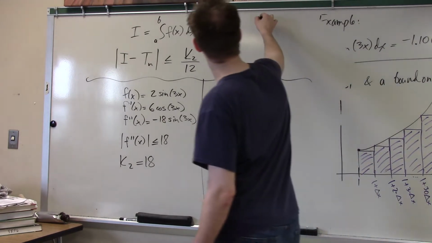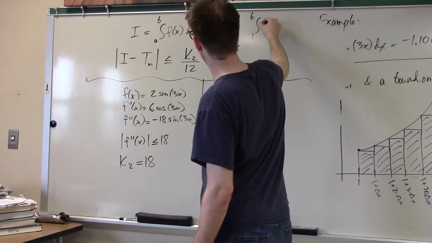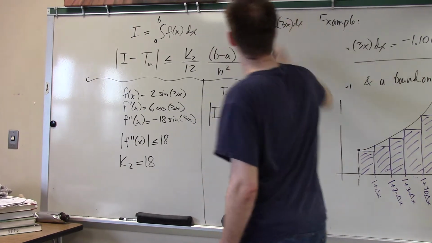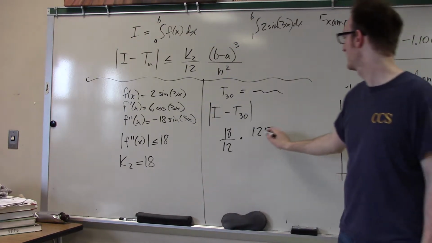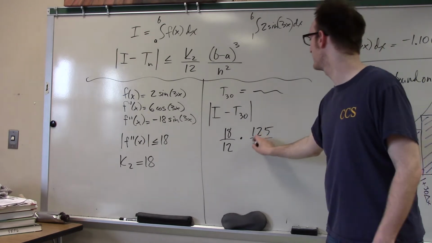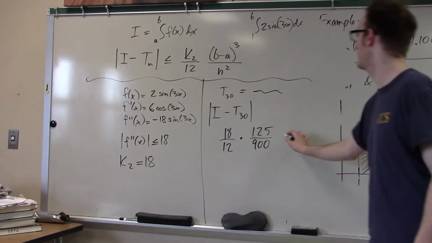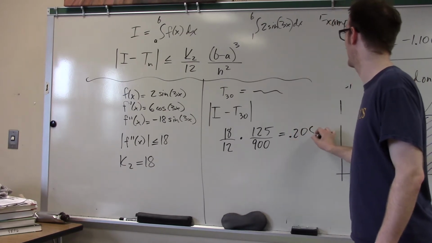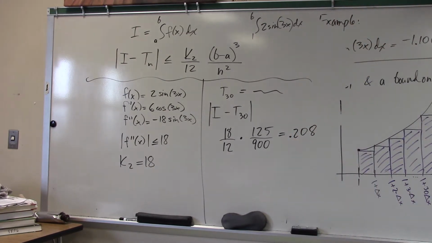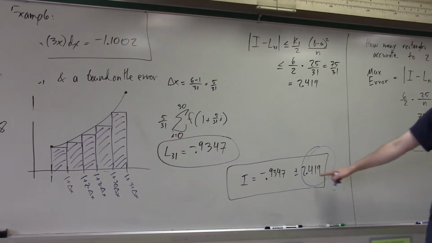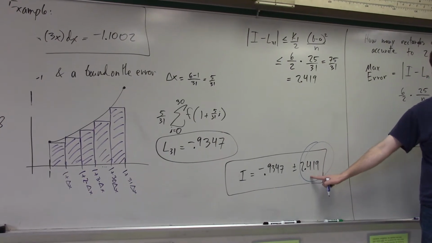Sorry, I'm talking about this same integral from 1 to 6 of 2 sine 3x, the one that we analyzed using the LRAM thing, and then over 900. So whatever that number is, it is 0.208.